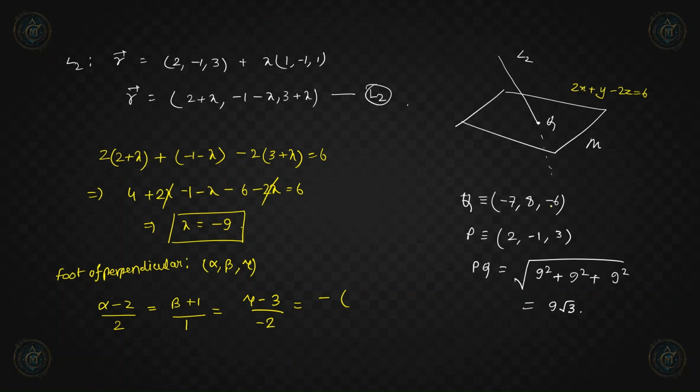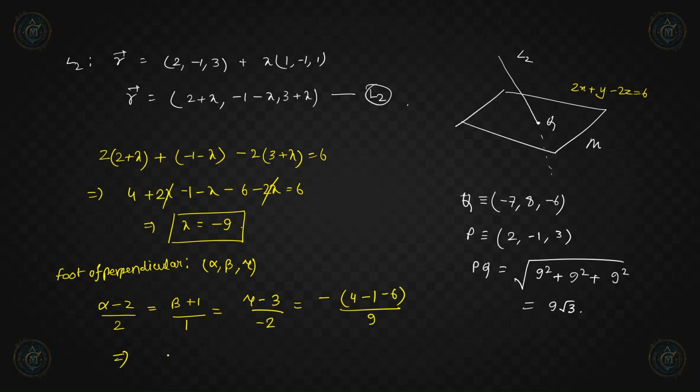That means 2 times 2, 4, minus 1, minus 6, divided by 2 square plus 1 square plus 2 square, that means 4 plus 4 plus 1, that is 9.